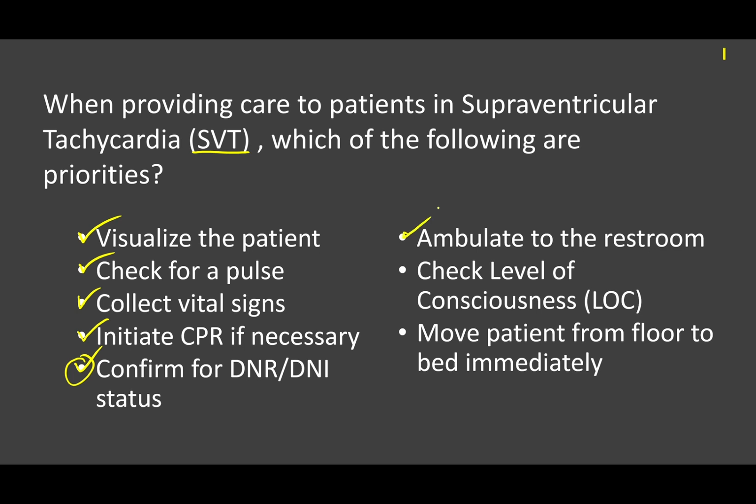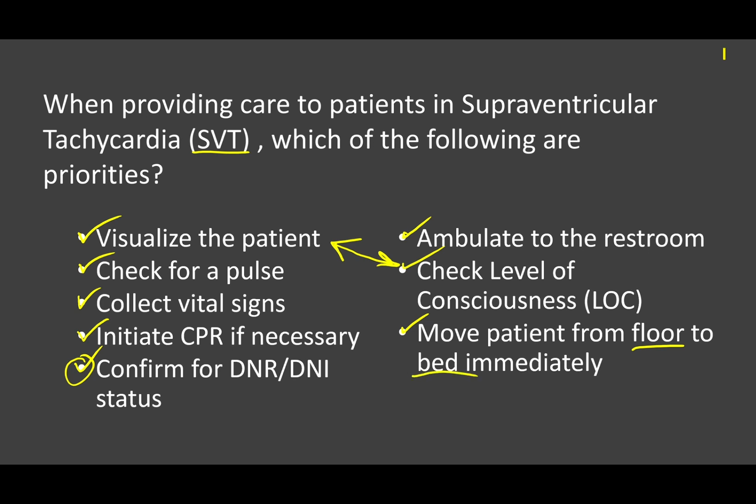Are you going to ambulate a patient to the restroom who's in SVT, especially if it's new onset? Absolutely not. There's no ambulation. Keep them in bed. Check level of consciousness, of course, but that's again part of your visualization of the patient. It's part of talking to them and working with them. Now, if your patient is on the floor, are you going to move them to the bed immediately?